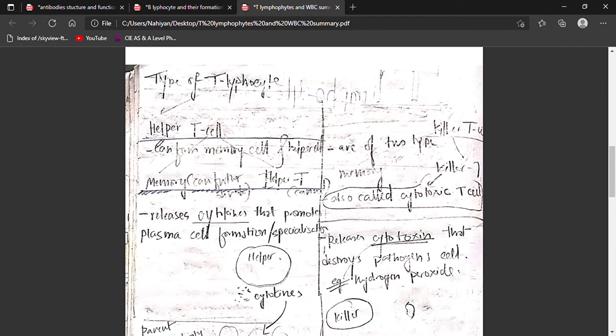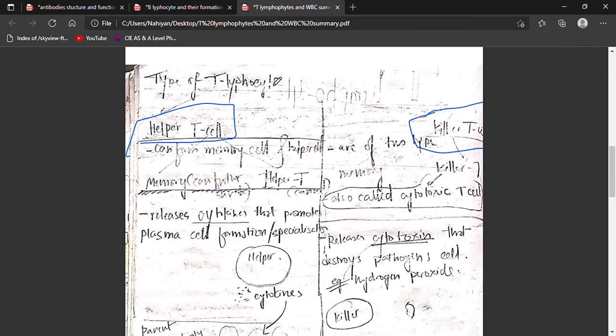So there are two types: first the helper T cell, and then the killer T cell. Once the T cells are produced, they like to work in combination, because the pathogens divide so fast that they always need each other's help.